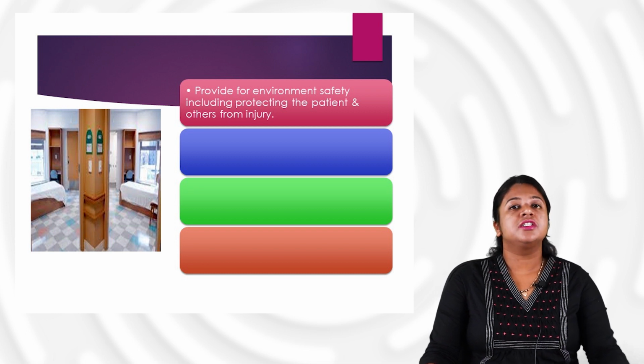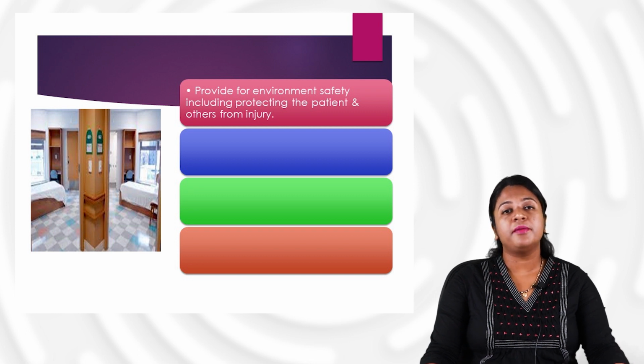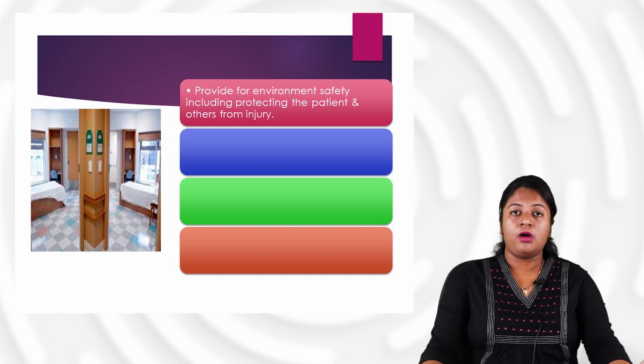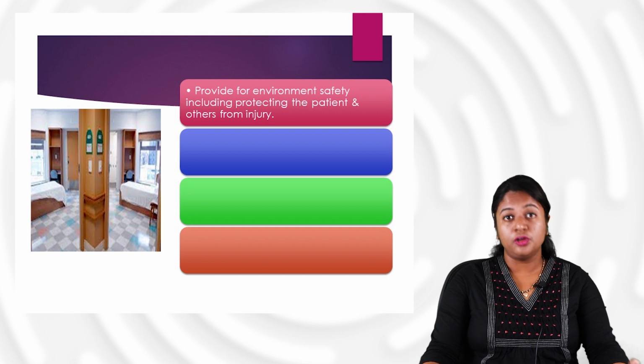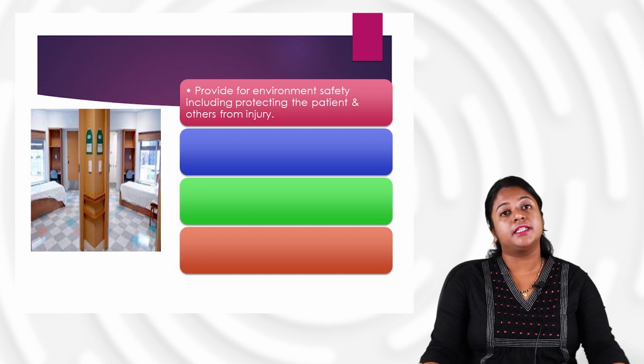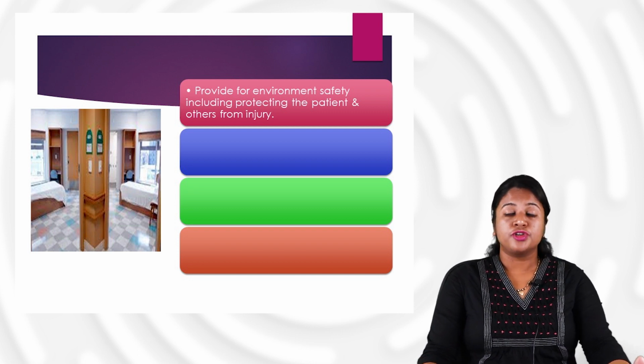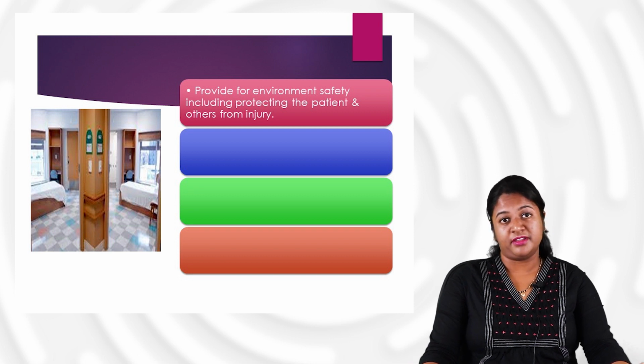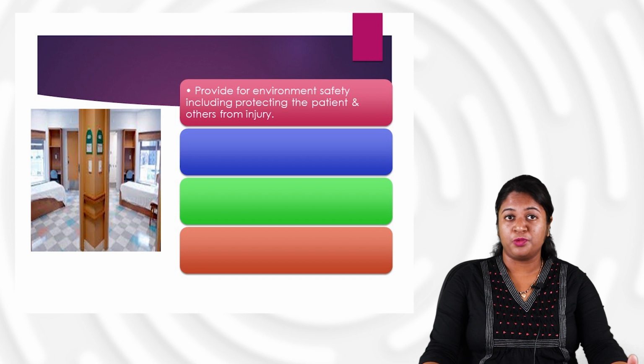First thing is to see to it that the environment of the client is safe. That means we have to provide an environment that protects the client and others from injury. You know very well, when there is a patient with abnormal behavior, it is very important to maintain and protect the client's environment.